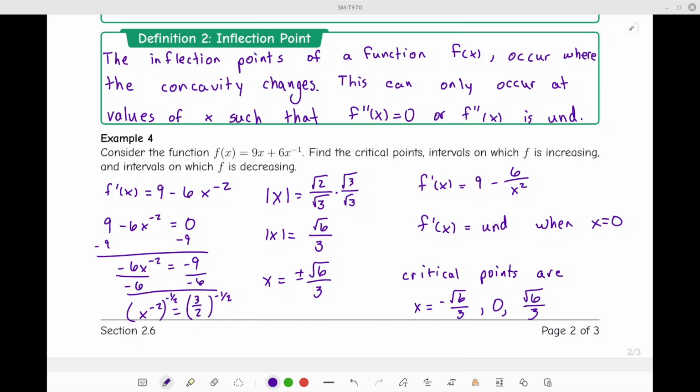Now you need to find the intervals on which f is increasing and the intervals on which f is decreasing. And we are going to use the fact that the first derivative will tell us this if it's positive or negative. And the only time it can switch are at the critical points.